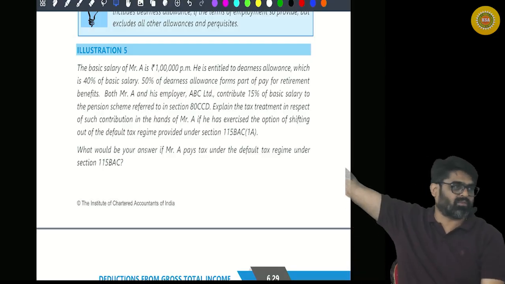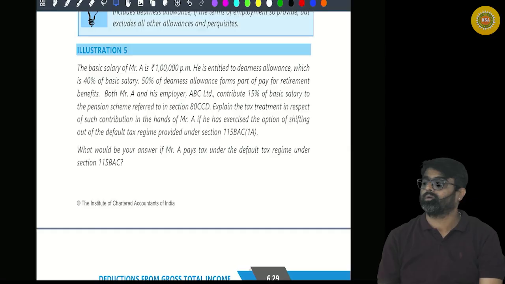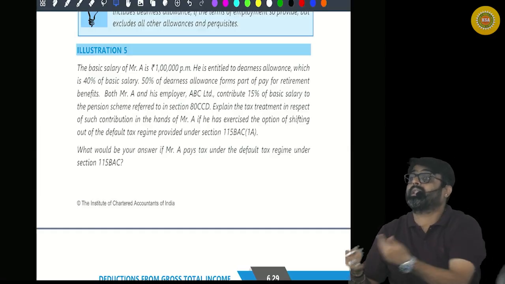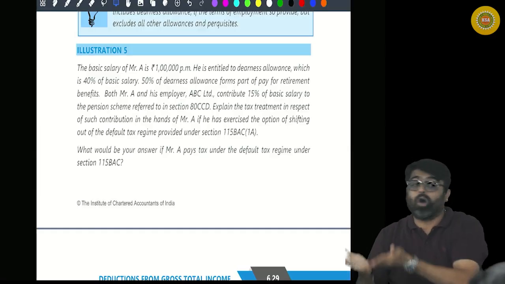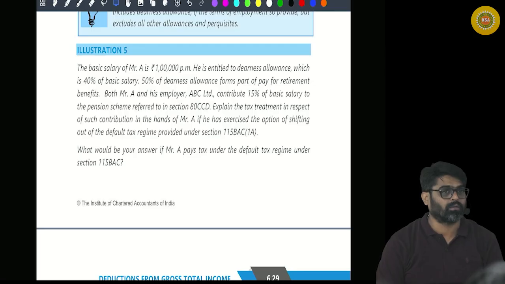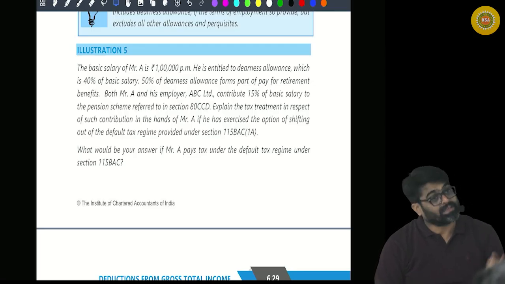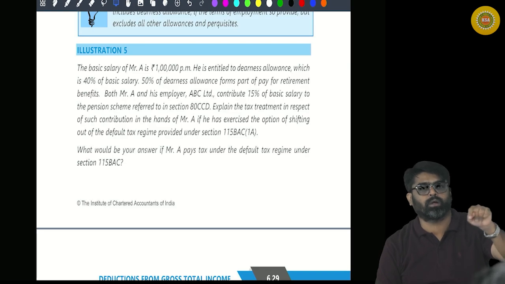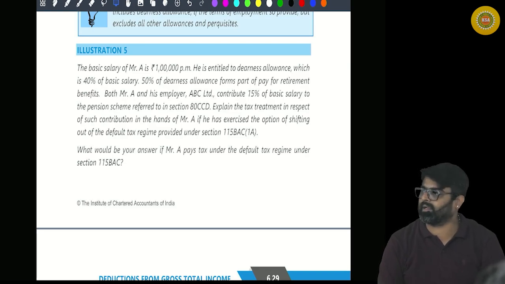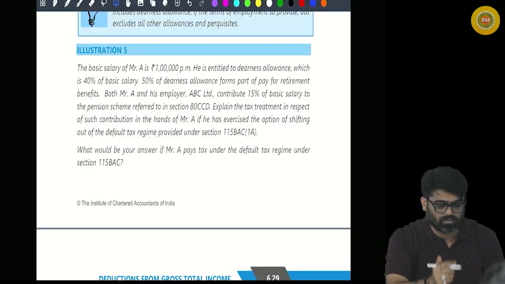Calculate 15% of basic. That is the actual contribution. How much should be the contribution? 10% of salary. That time the salary will also include basic and DA in terms. How much?